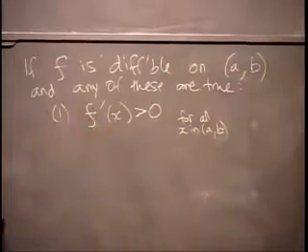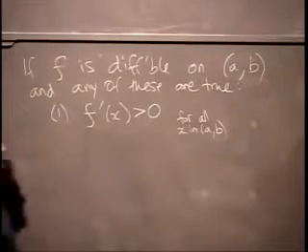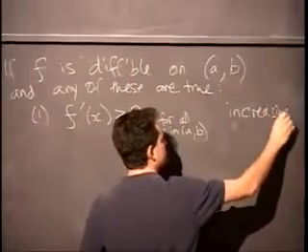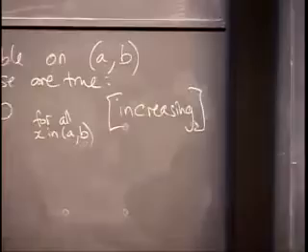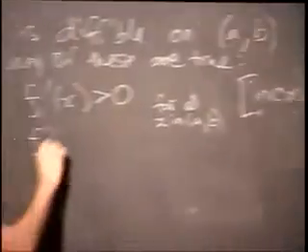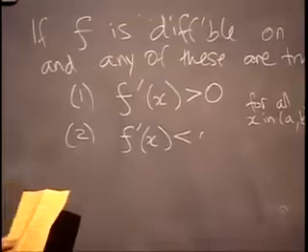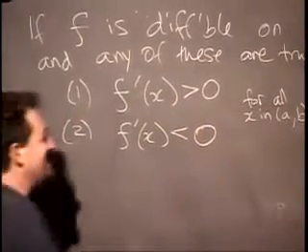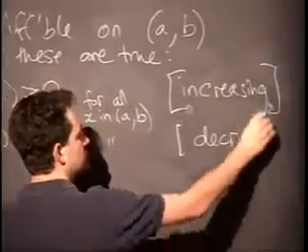So if the derivative is always positive, you should think of this curve as increasing. Always increasing. So that's good. Another possibility, let's see, is this the same order I did? Yes, I want to be consistent. If it's always decreasing. Decreasing.